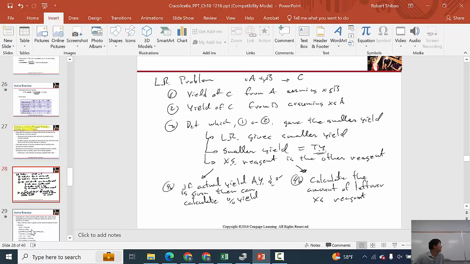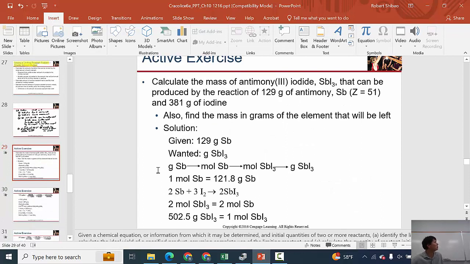Well, let's take a look at their example here, the limiting reagent problem. Calculate the mass of antimony 3 iodide, SbI3, that can be produced by the reaction. Antimony is a semi-metal there. With semi-metals, you can do different things.